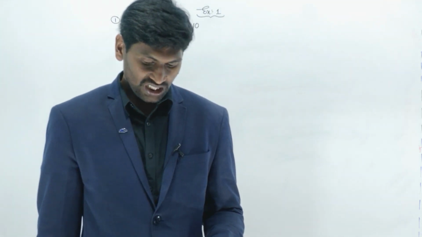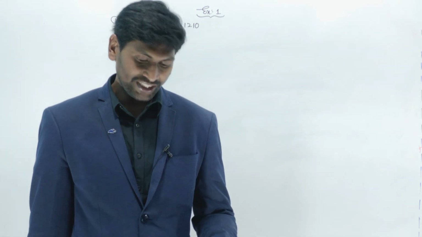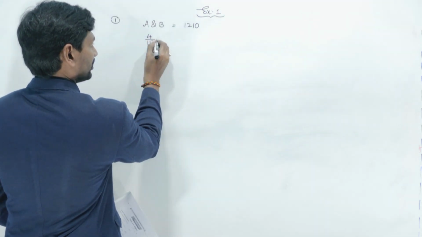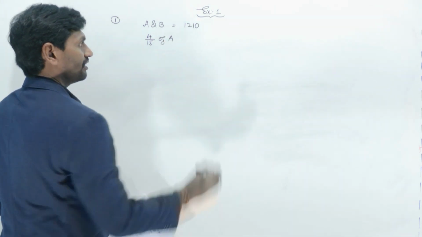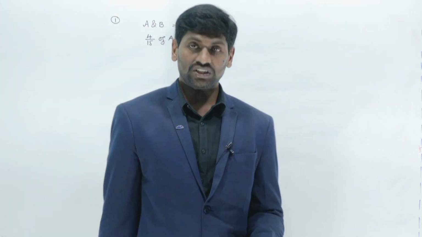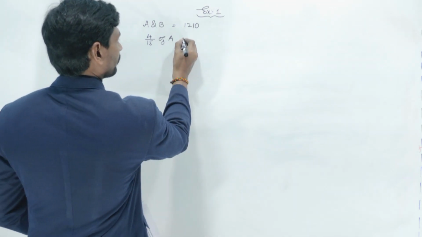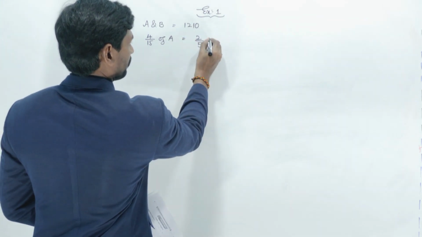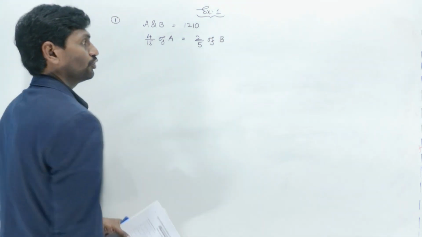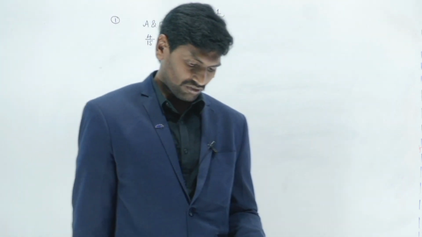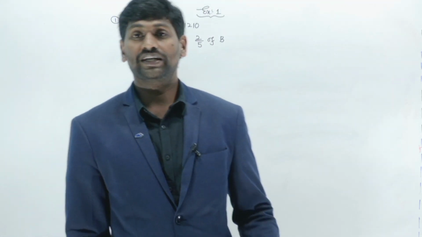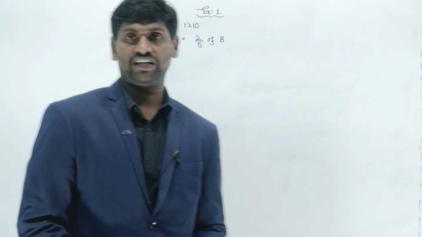It says that if 4 by 15th of A's amount is equal to 2 by 5 of B's amount, both are equal, then how much amount does B have?